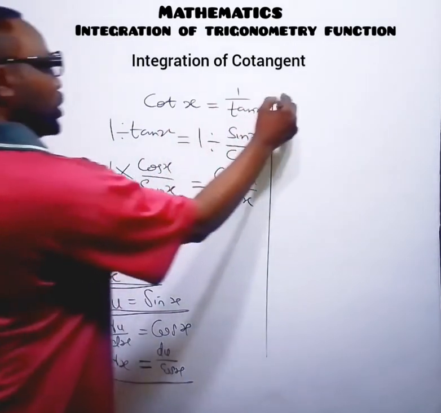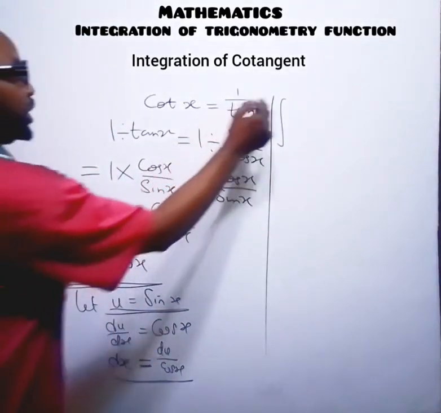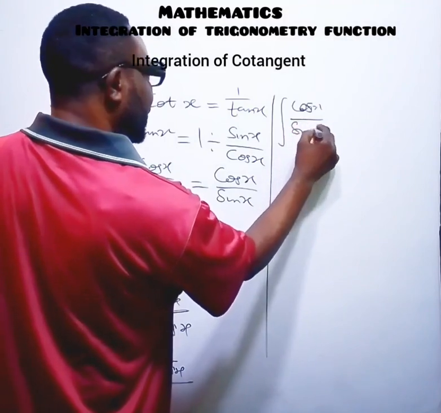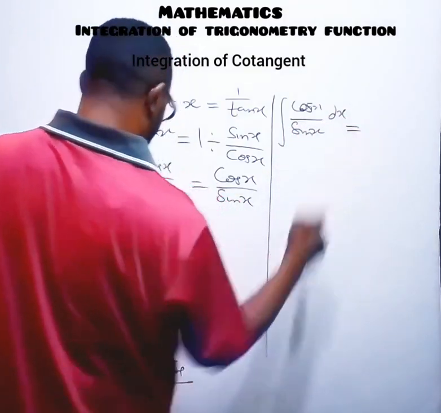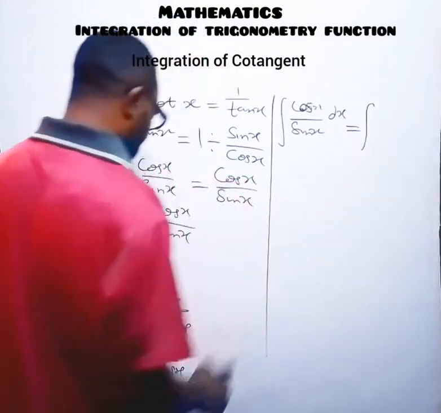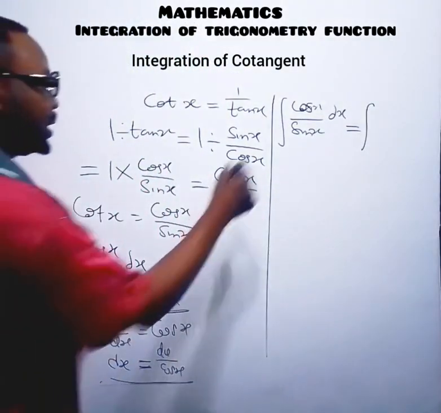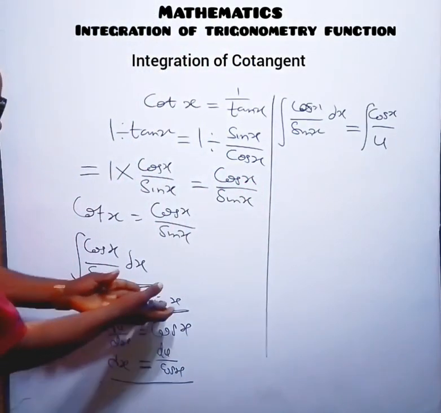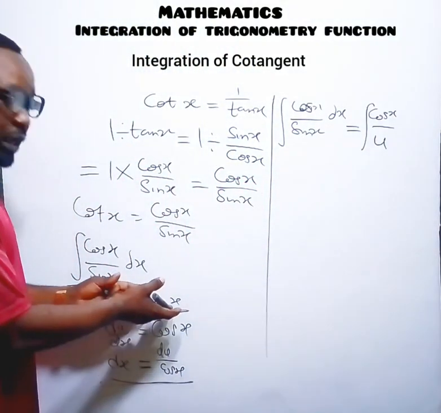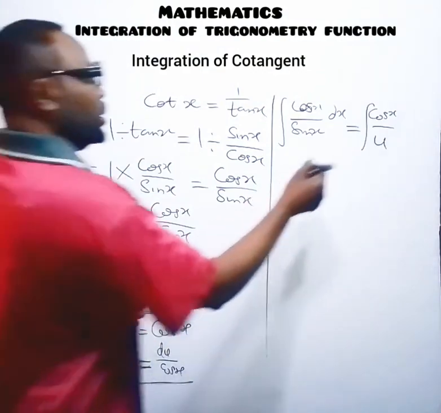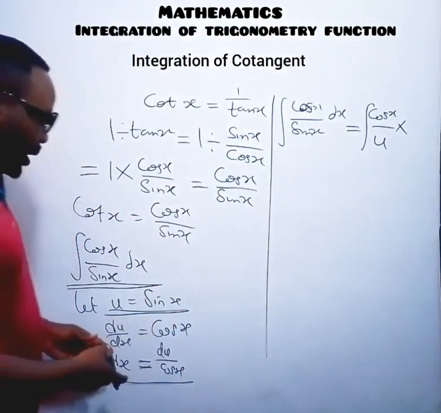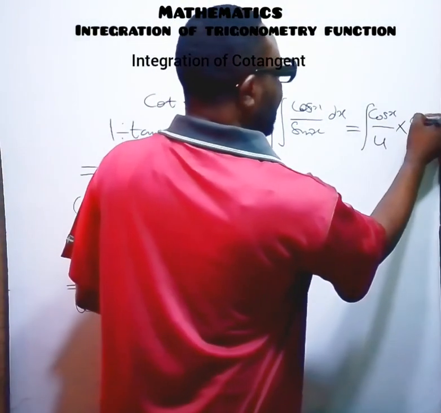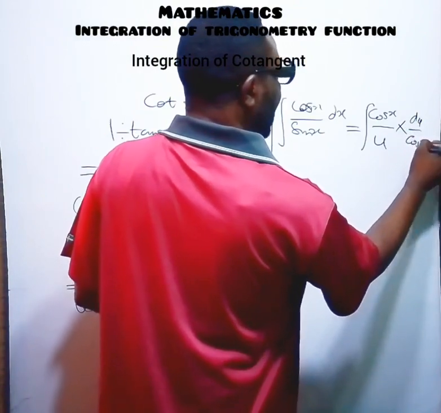So we are going to have cos x over sine x dx equal to the integral of cos x over u, since u represents sine x, multiplied by the value of my dx, which is du over cos x.